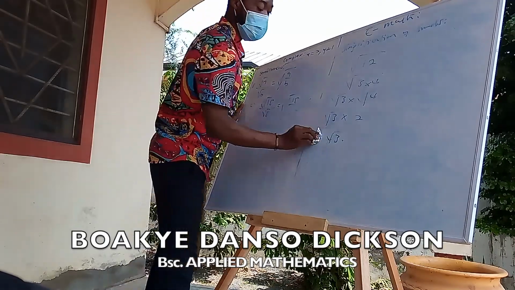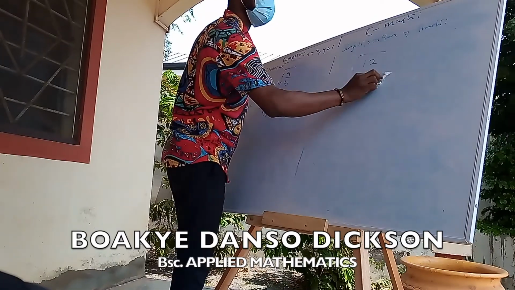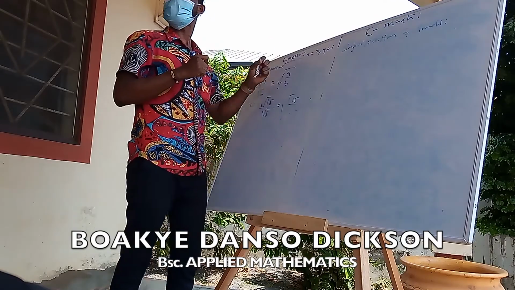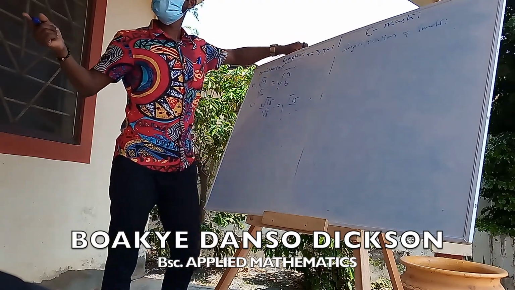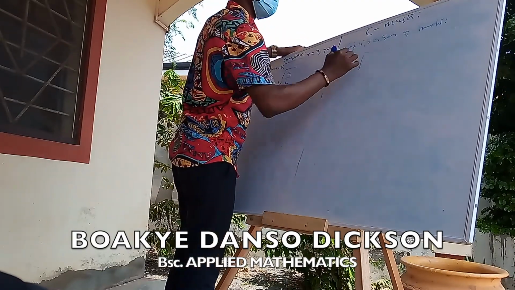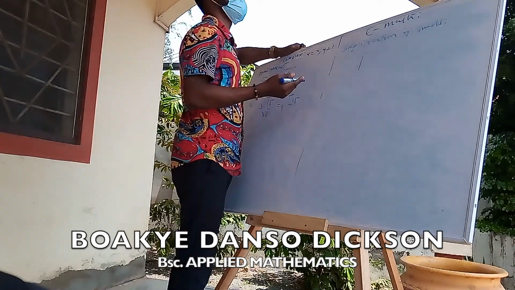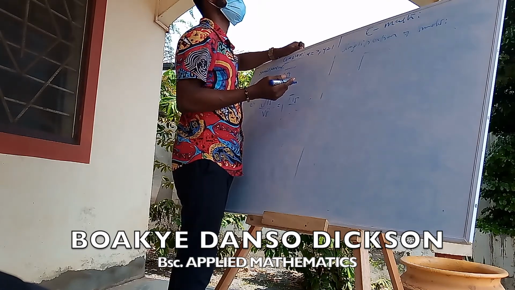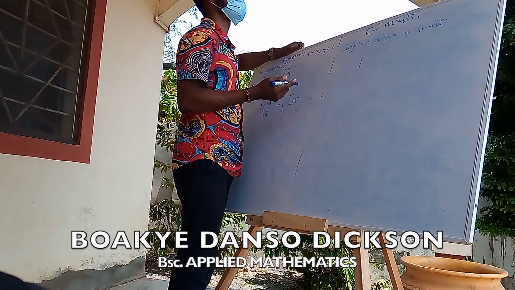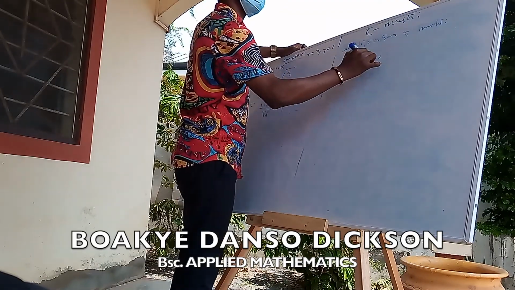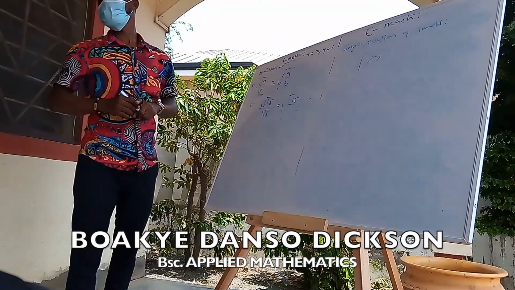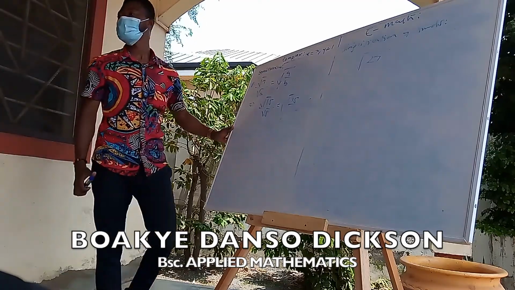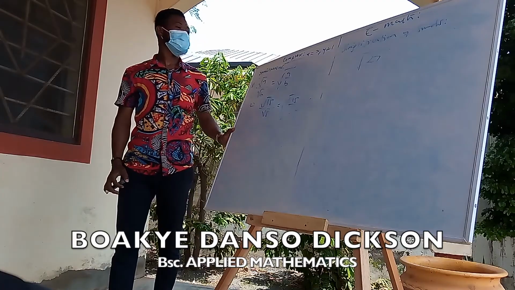Another example. Let's say I have root 27. Now how do I break 27 to get a perfect square unit? 9 times 3.